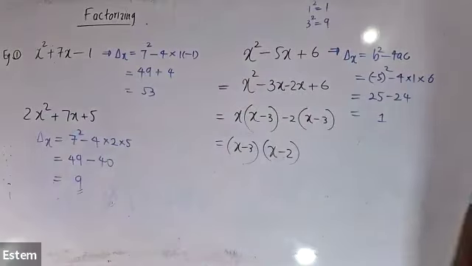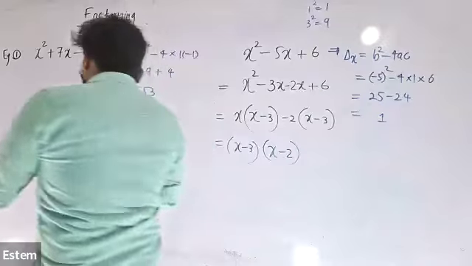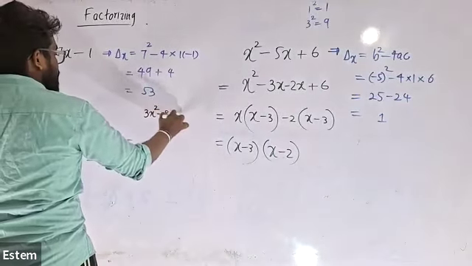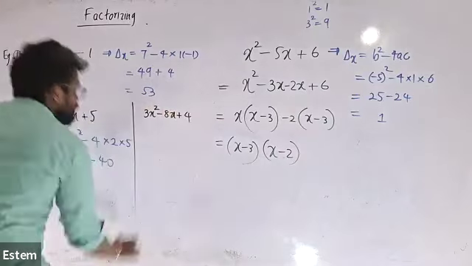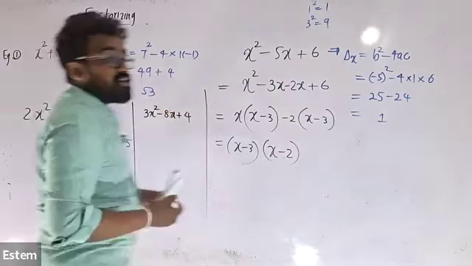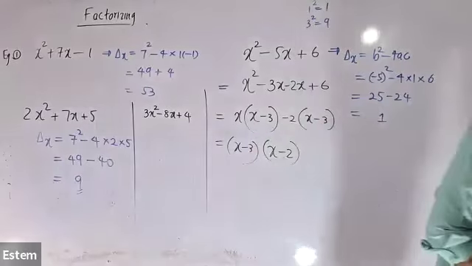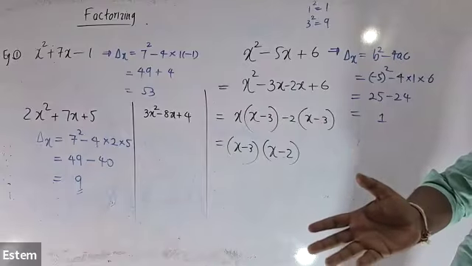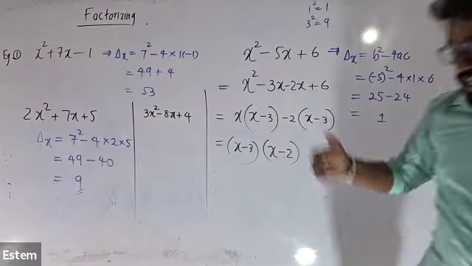Now check this. 3x squared minus 8x plus 4. Don't write these things in your note. Just get a rough paper and check.